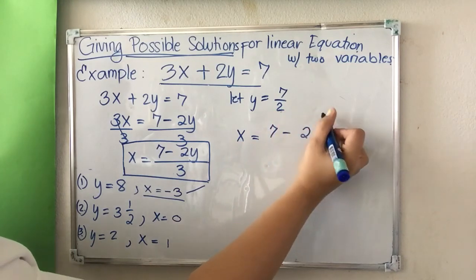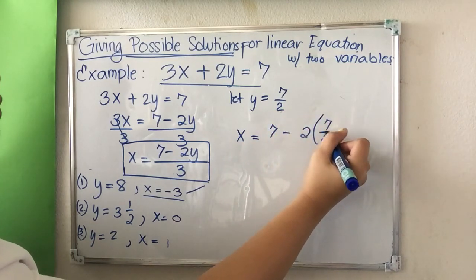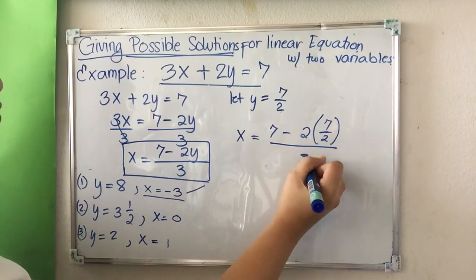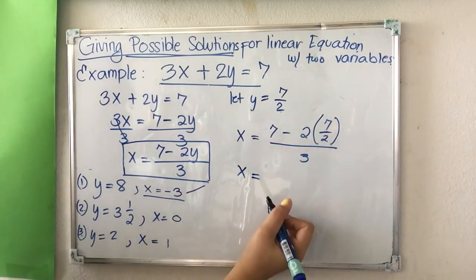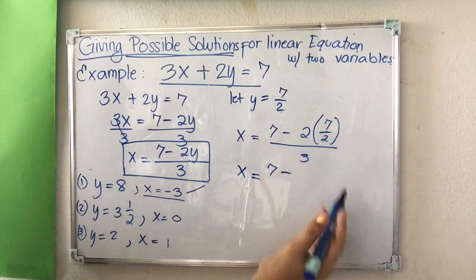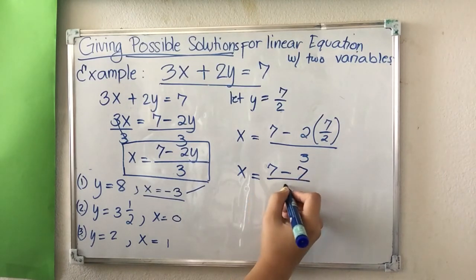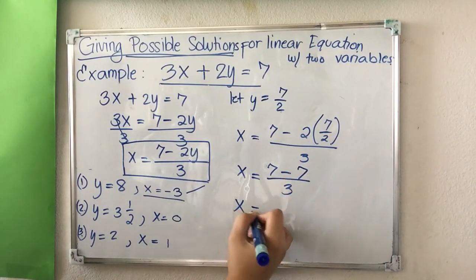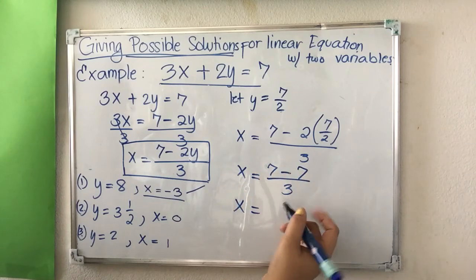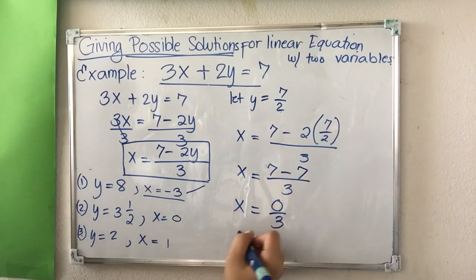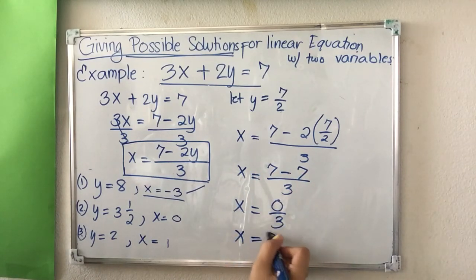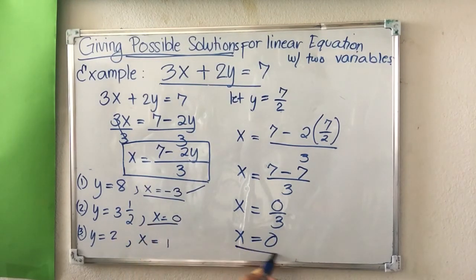Change the y to 7 over 2. So x is equal to 7 minus 7 over 3, simplify. So x is equal to 7 minus 7 is 0 over 3. Therefore, x is equal to 0. So they are the same.